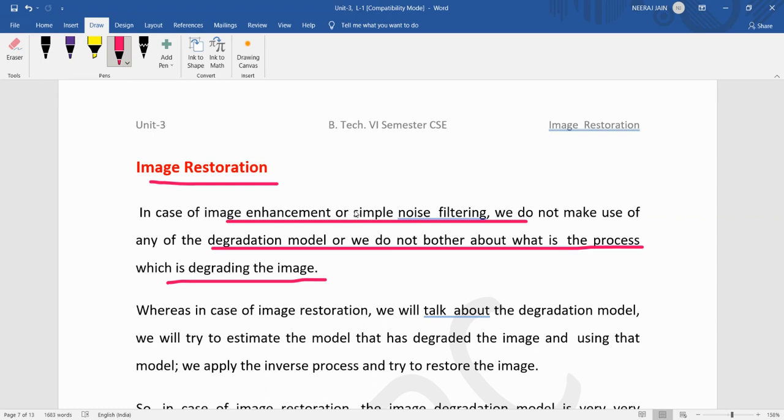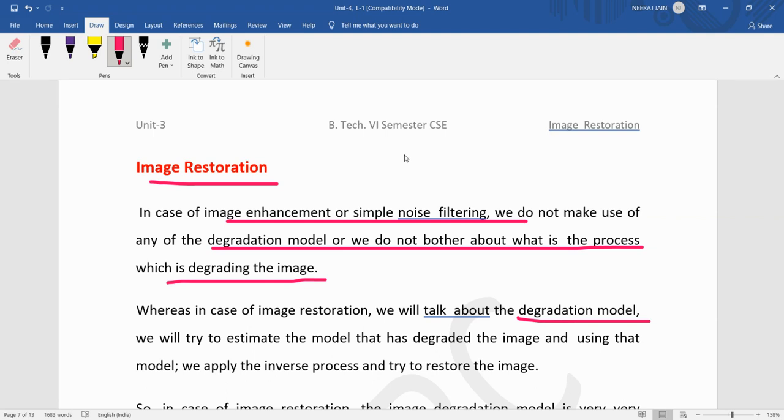But in restoration, we talk about the degradation model, and we try to estimate the degradation model due to which the image is not good, and we apply the inverse process and try to restore the image. So that is the basic difference between image restoration and image enhancement.